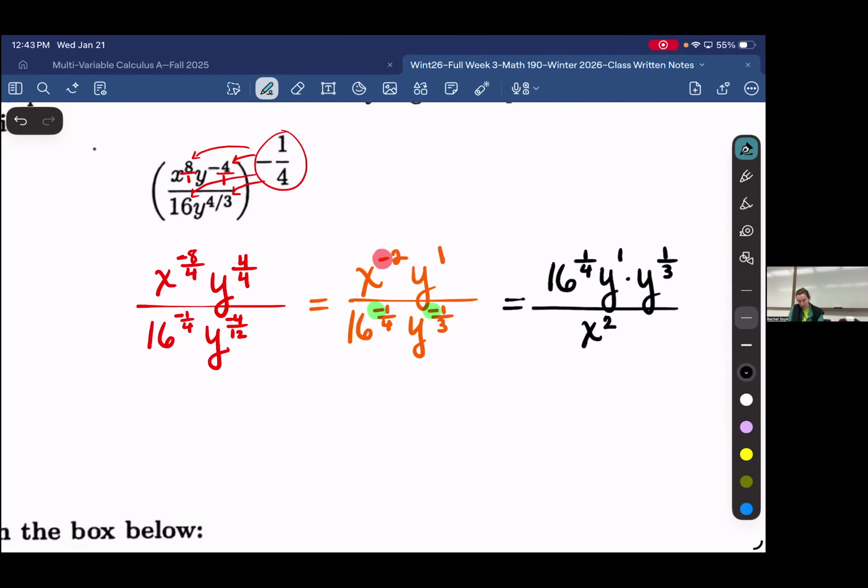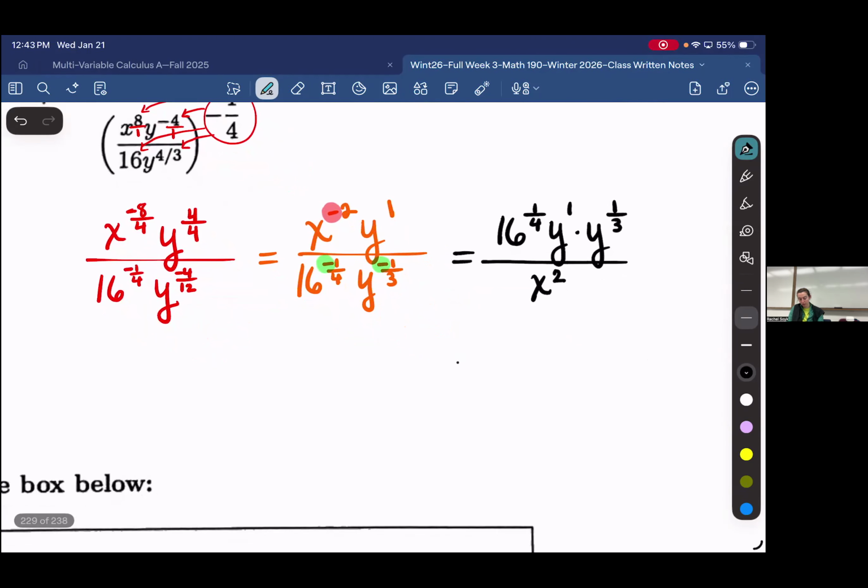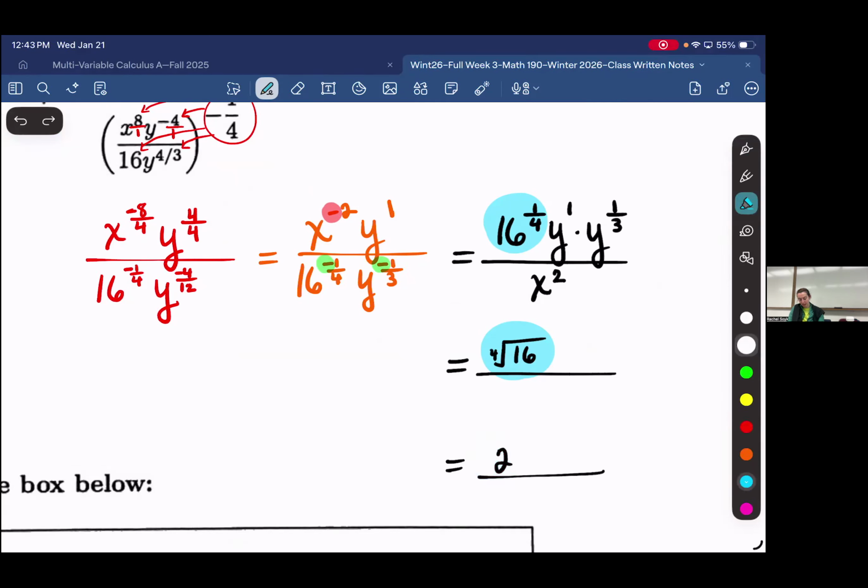And now we can simplify that 16 to the 1/4. That's just the 4th root of 16. That's another way of stating it. What times what times what times what gives you 16? 2. And then that y to the first times y to the 1/3, when you are multiplying terms that have the same base, what are you doing to the exponents?